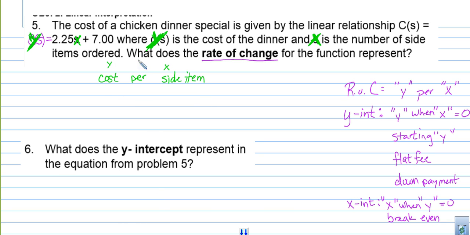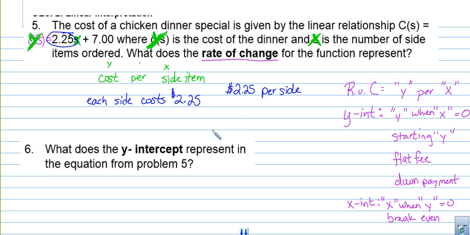So if we summate everything, we look, our rate of change is $2.25. So it's telling us that each side costs $2.25, or it's $2.25 per side.